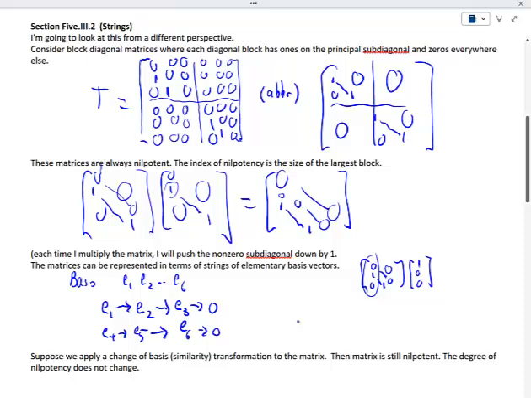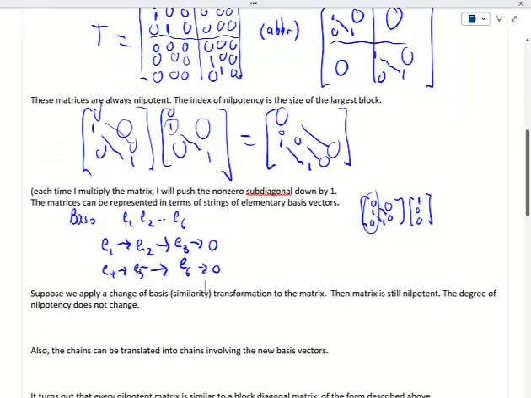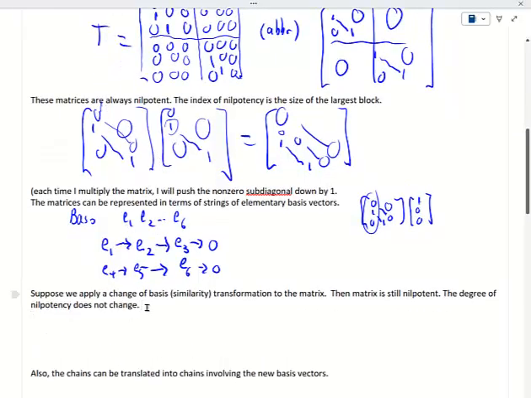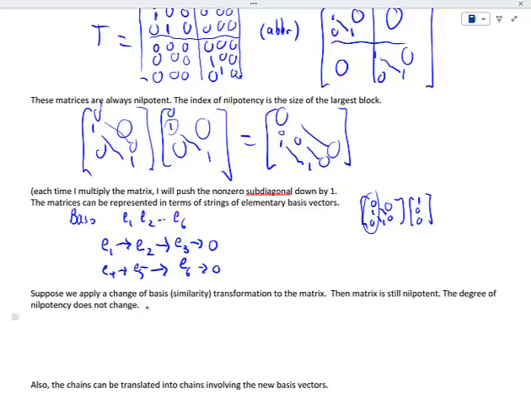Now, this is a case where we have this simple form of a matrix. Now, suppose we take matrices that are similar to this matrix. So suppose I take, let's call it T prime, equals P T P inverse. And let's suppose T is nilpotent.